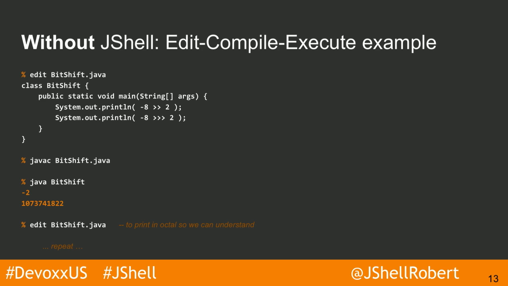We need to write a class and main method, some print statements, and then we compile it, we run it, and we see, oh, whoops, the format of that result isn't very interesting. We probably want to go back in and change it to an octal output. So cycle through again.